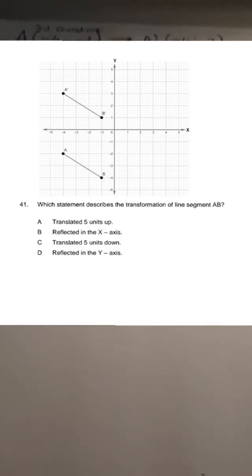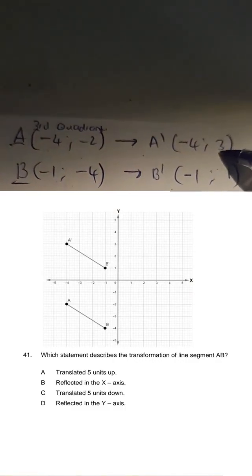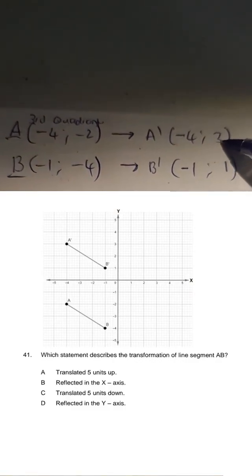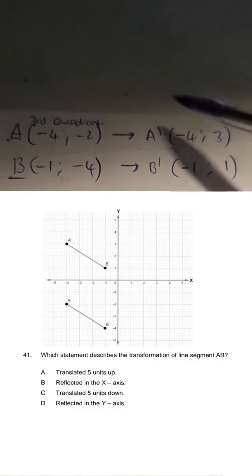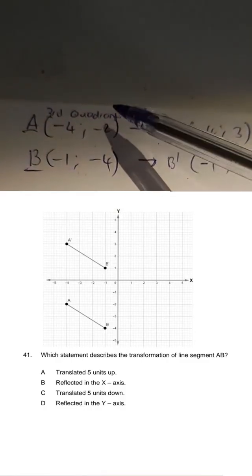Yes, A is the correct option. We translated 5 units up. B, did we reflect in the x-axis? No, we didn't. Because remember, reflection in the x-axis means that if the y coordinate was -2, the y coordinate of A changed should be +2 when x stays the same, because reflection in the x-axis means the sign of y changes.